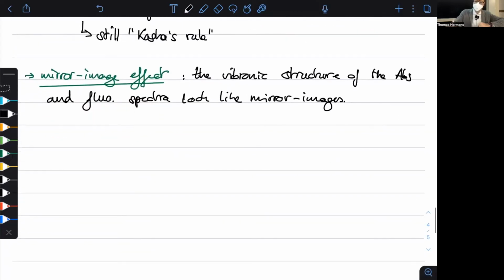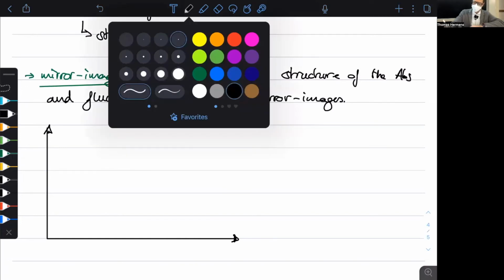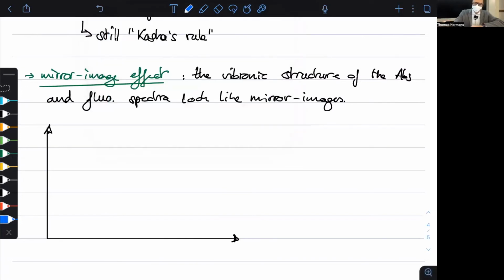Okay, what does that mean? We're finally going to go to some spectra because all of this stuff is only relevant when you measure it and see what the result is. So we're going to draw some spectra. We'll start with absorption, which I'm going to draw in blue. On this axis, we have wavelength in nanometers.